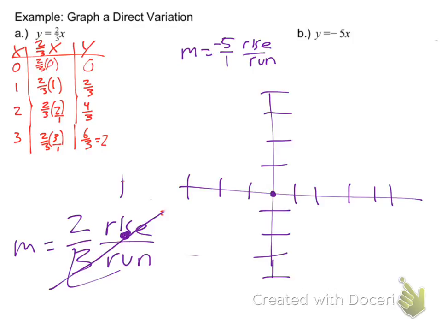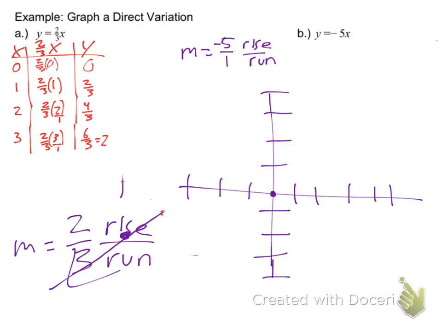Okay, someone else now pick up. Abby. Okay, so now I go down 5 and then go 1 which way? Left. Let's think of this. The negative is on the 5, so that means the rise will be going down. Why am I going to the right? Because it's a positive 1.